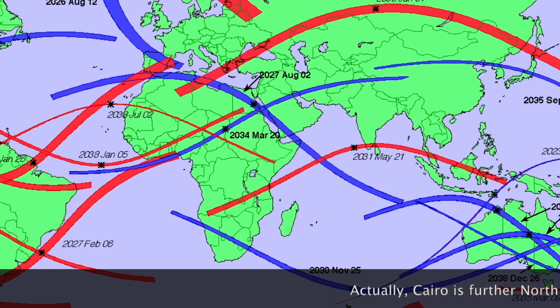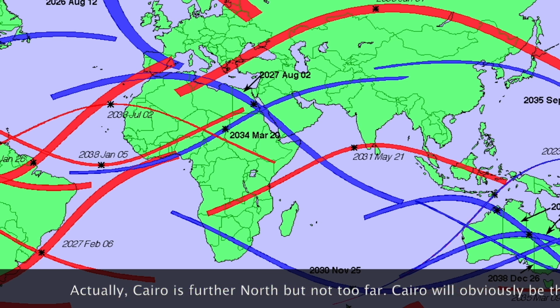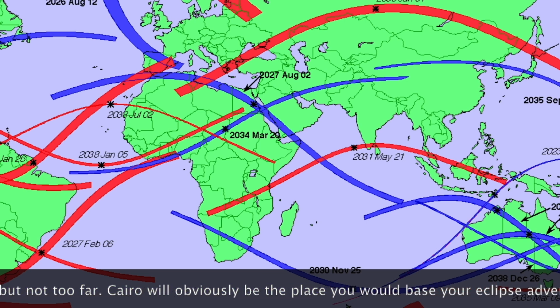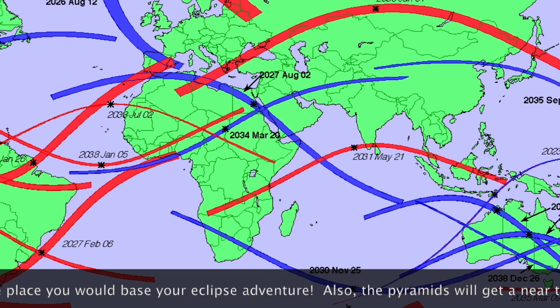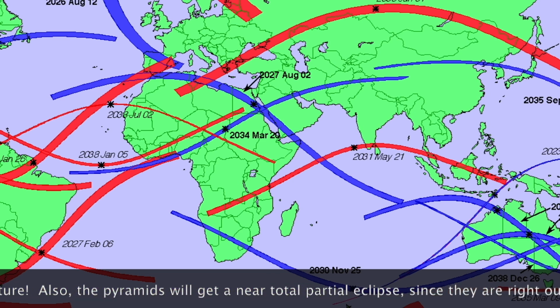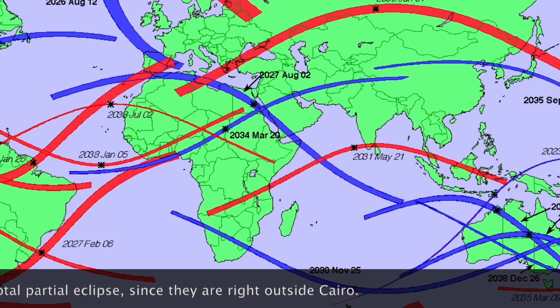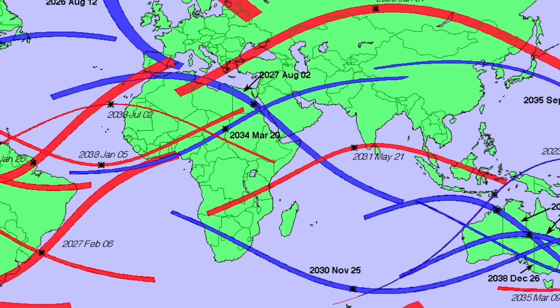So that would be great. So there will be some amazing pictures of the eclipse, possibly from the pyramids way out there in the Egyptian desert. And there'll also be some beautiful images coming in from the Straits of Gibraltar in Spain.